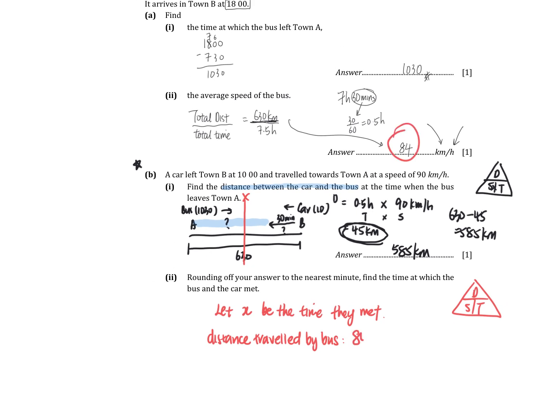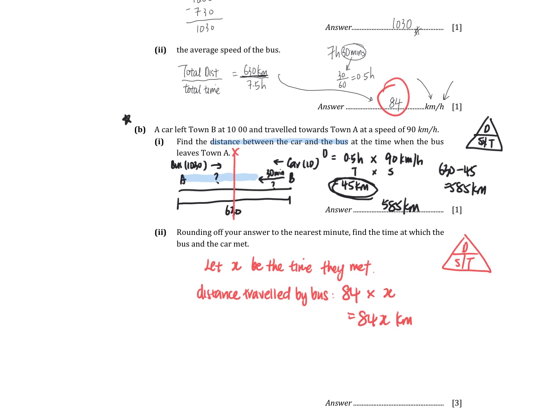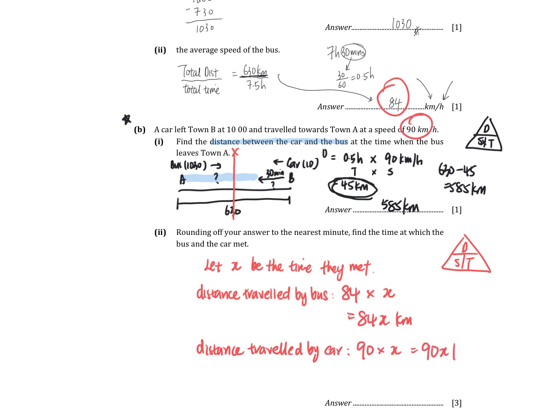So bus is 84 multiplied by x, so it's 84x kilometers. Next is the distance traveled by the car. So the speed of the car was 90. So 90 times x is 90x kilometers.